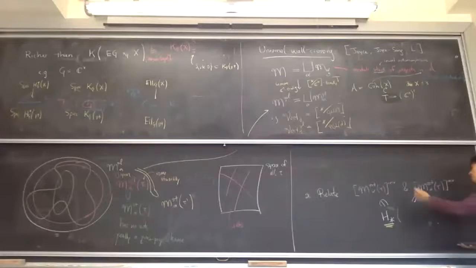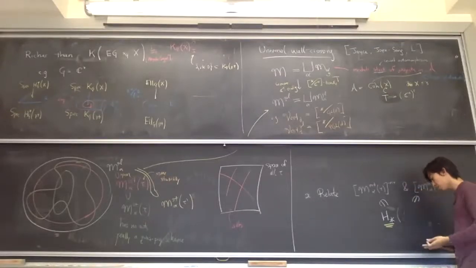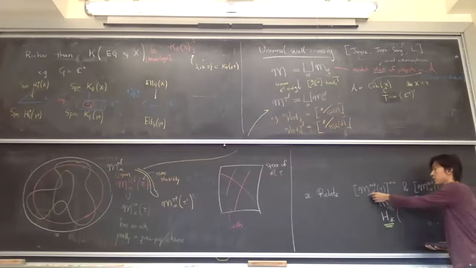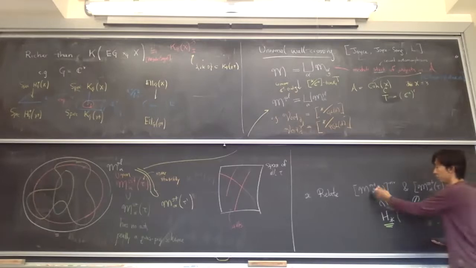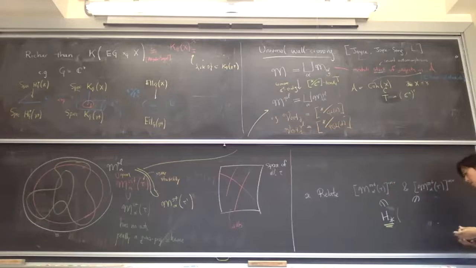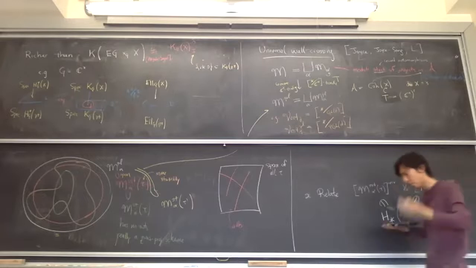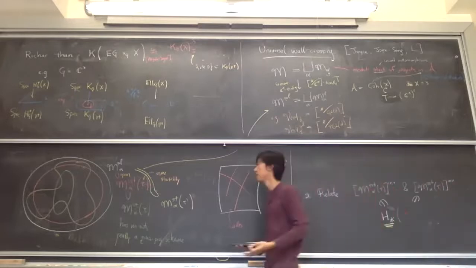So for those of you who have some experience with enumerative geometry, these are going to be approximately something like virtual classes, virtual fundamental classes for say stable loci. But if you want to compare two classes like this that live in completely different loci, you're going to have to put them into some common parent or common ancestor or some common home where they can be compared. Right?